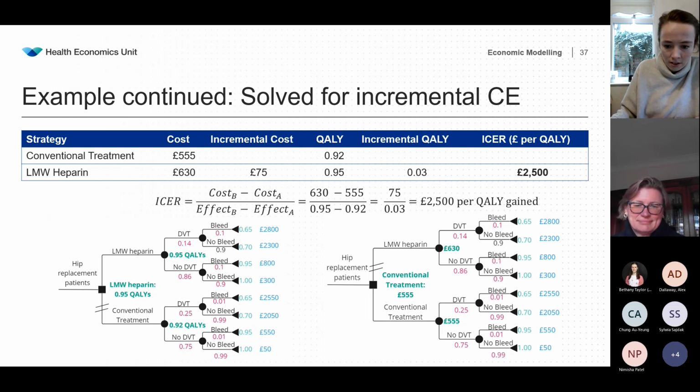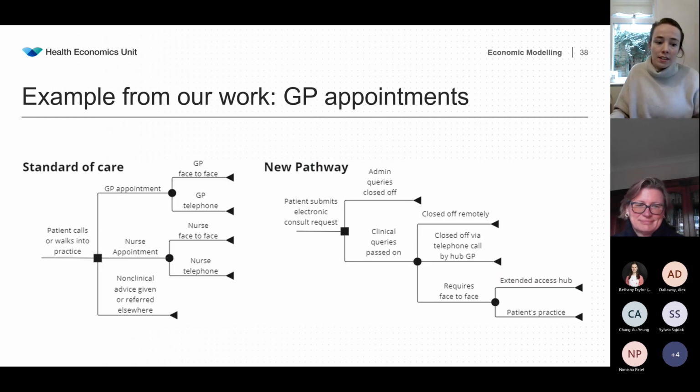Looks good. Okay, great. So this is an example from a project that I did where I did a budget impact model on a particular app that was used to schedule appointments for GP practices, and we were doing the budget impact for a PCN. So here, the standard of care was that a patient walked into a practice, was given one of these types of appointments, and then either talked to the GP or the nurse on the phone or face-to-face.